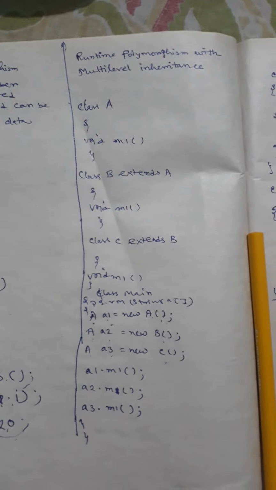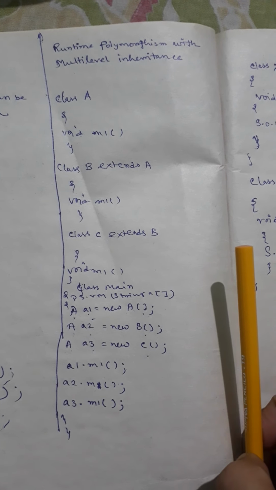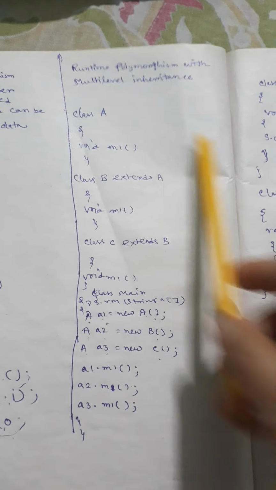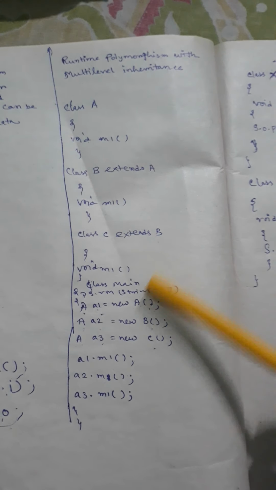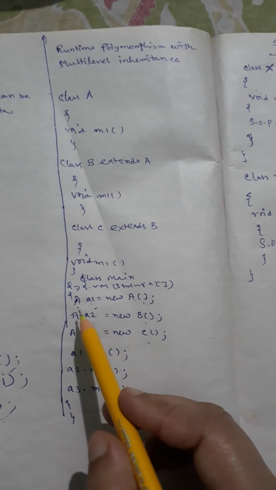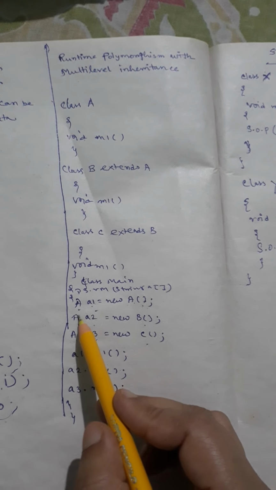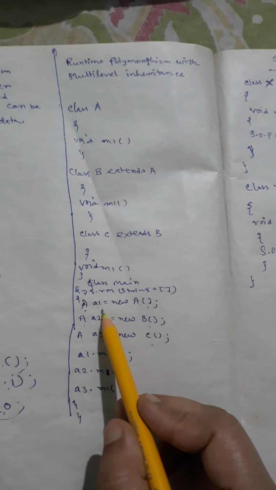Another example is runtime polymorphism happening in multi-level inheritance. So this is the concept of multi-level inheritance. We have already said that the superclass must be used to declare the reference variable.